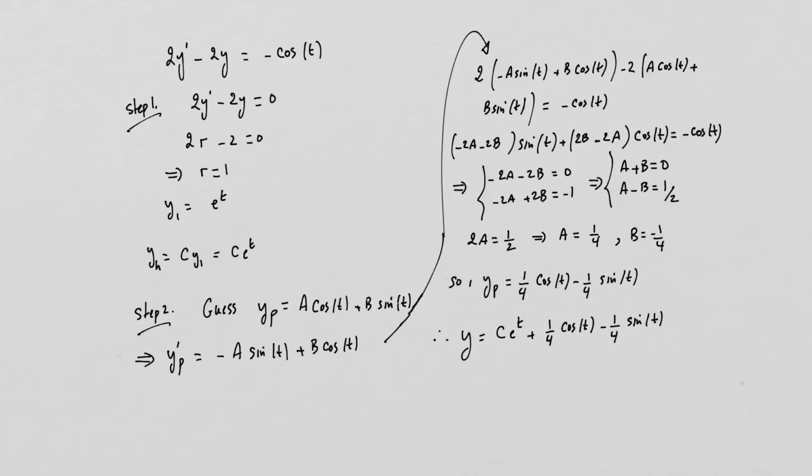Notice y double prime doesn't exist, so you don't have a quadratic equation for the characteristic piece. You just have a linear, right? So r minus 1 equals 0, so r equals 1, and therefore there is no y2, okay? y2 doesn't exist. So basically the homogeneous piece is just a multiple of e to the t.